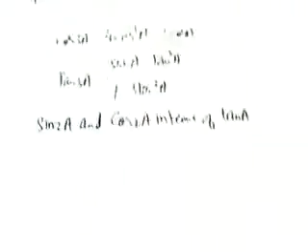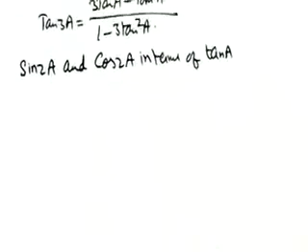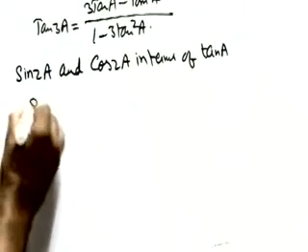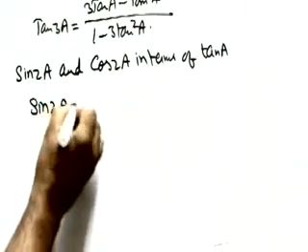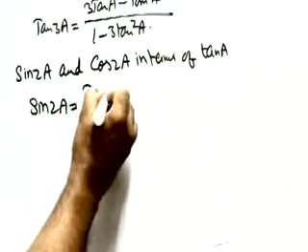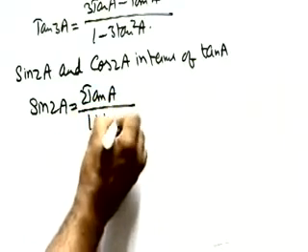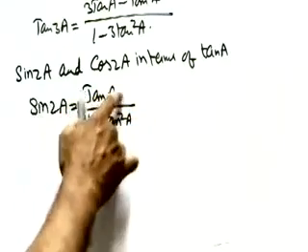Now sometimes we have to change sin 2a and cos 2a in terms of tan. Then we have to use these formulas: sin 2a and tan 2a. When we have to change into tan, sin 2a equals 2 tan a by 1 plus tan square a.